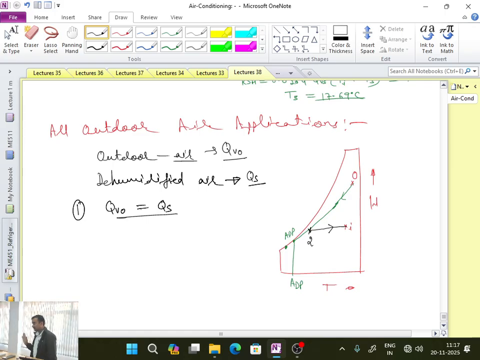So supply of QV0 and QS are the same, and QS is adjusted in such a way that it enters the room at state 2, and it will be completely satisfied.